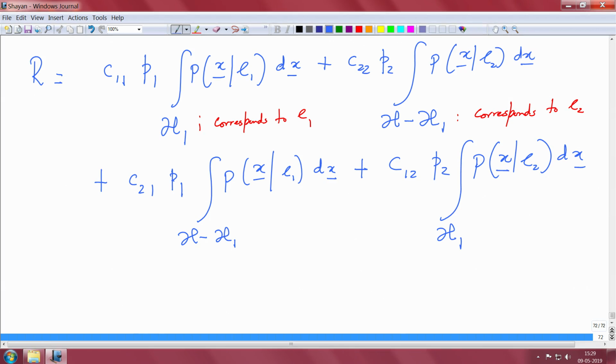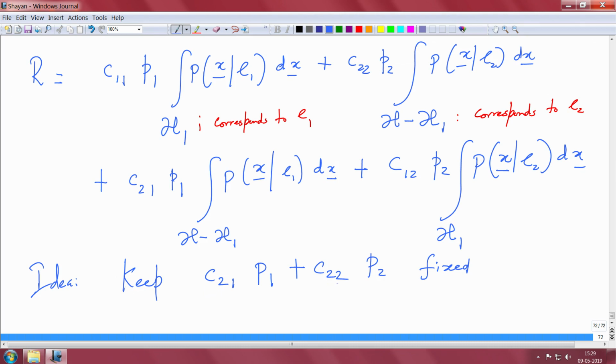Now, what we can do is we have to simplify this further. So, the idea is to keep C21 P1 plus C22 P2 fixed. This is somewhere we have to fix something, and the fix is, let us assume that we want to look at this cost of labeling this as class 2.